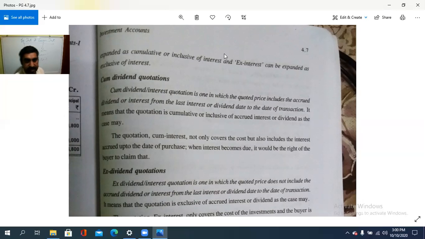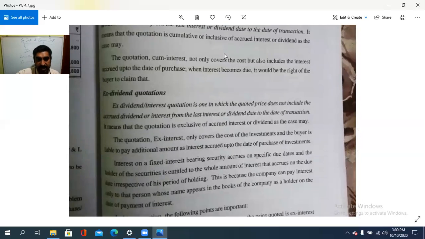Ex-dividend quotation is the one in which the quoted price does not include the accrued dividend or interest from the last interest or dividend date to the date of transaction. It means that the quotation is exclusive of the accrued interest or dividend as the case may be.